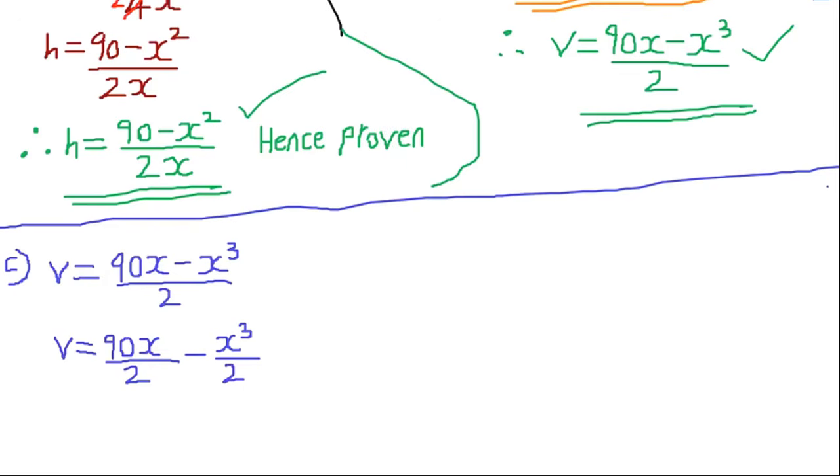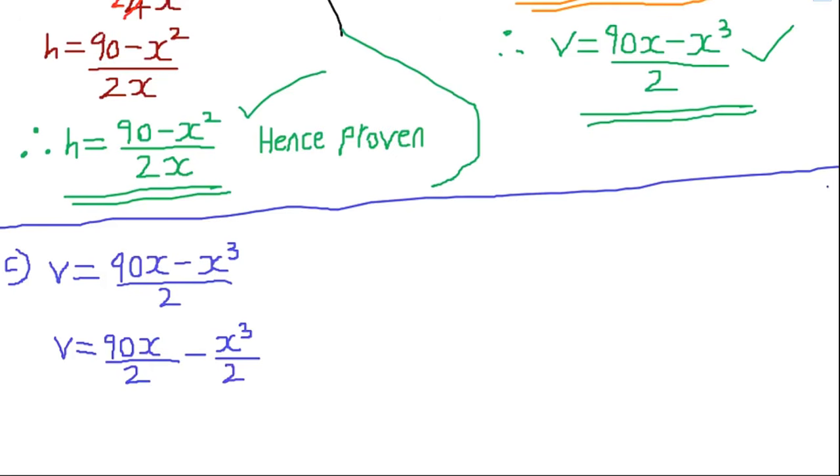So when you differentiate, we are going to multiply the power by the coefficient of x. So it will be 1 multiplied by 90 divided by 2, which is 45.